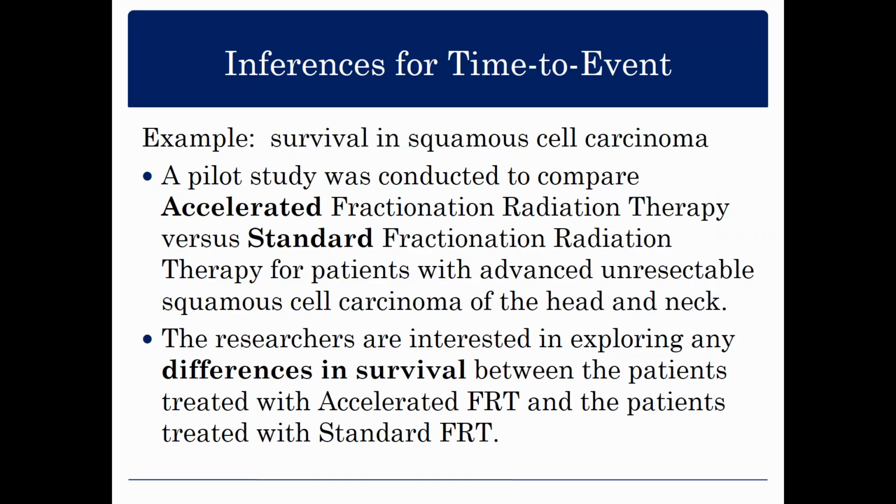Let's take a look at an example worked through for survival analysis. Here we have a type of cancer. This is an observational study, by the way. This is not randomized.